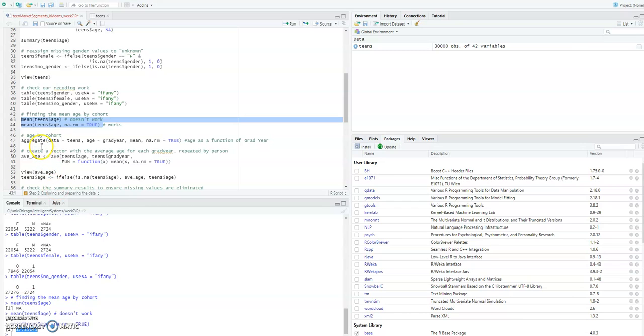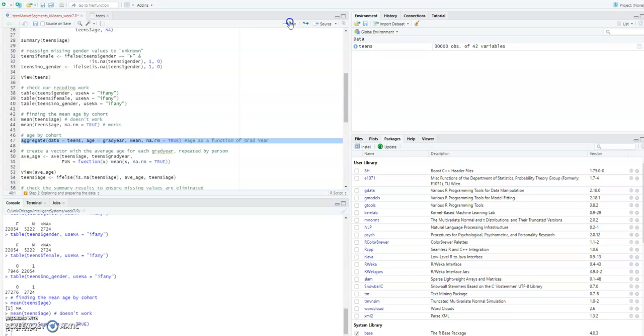However, using this command, which is aggregating the age by the graduation year, that is age as a function of the graduation year, taking the mean value with na.rm equals TRUE, that is do not consider the NA values.